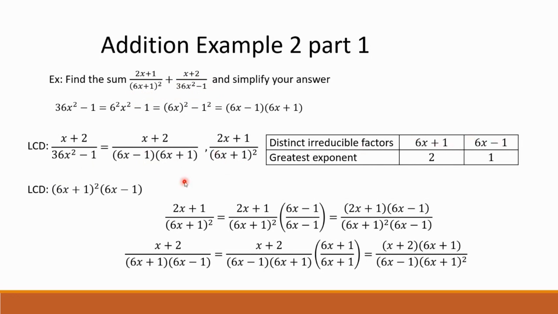For 6x plus 1, here the exponent is 1. Here the exponent is 2. So the greatest exponent is 2 of 6x plus 1. For 6x minus 1, the only exponent of it is 1.